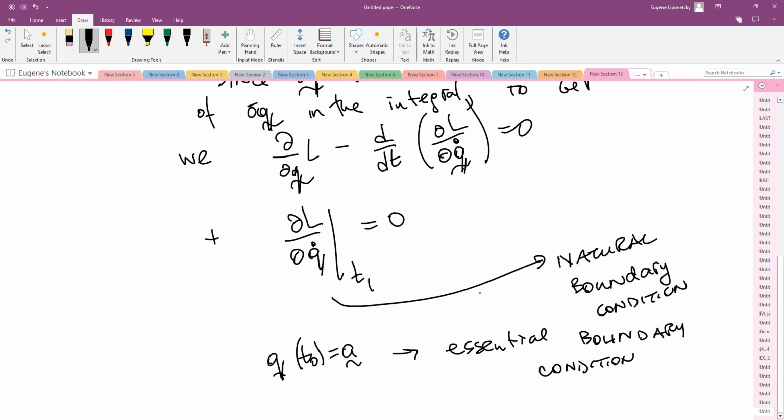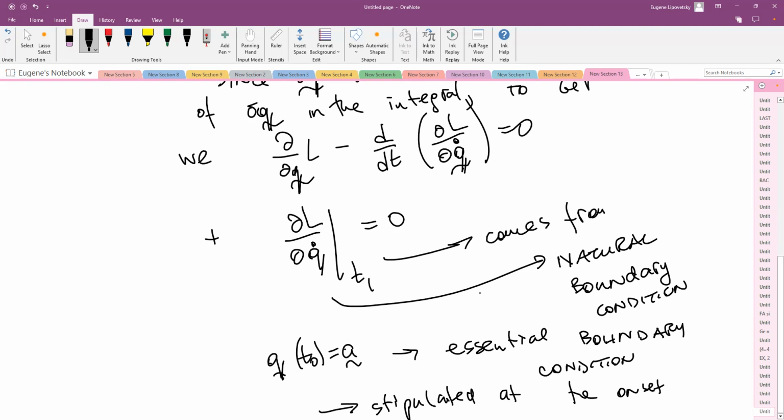This one is stipulated at the beginning, at the onset. This one comes from the physics of the problem, from mechanics. All right.